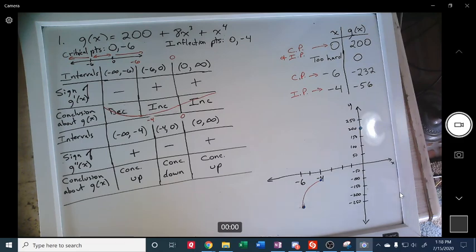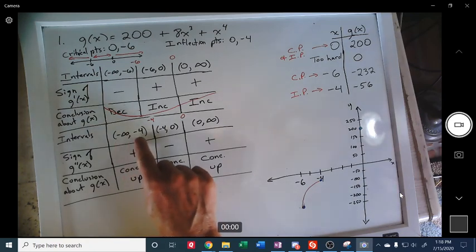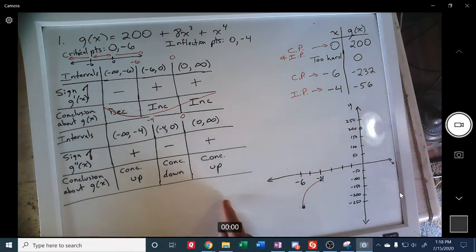No. Why not? Because then doesn't it make it concave down instead of concave up? Correct. It has the wrong concavity, because according to this graph, from negative infinity to negative 4, all this region should be concave up.